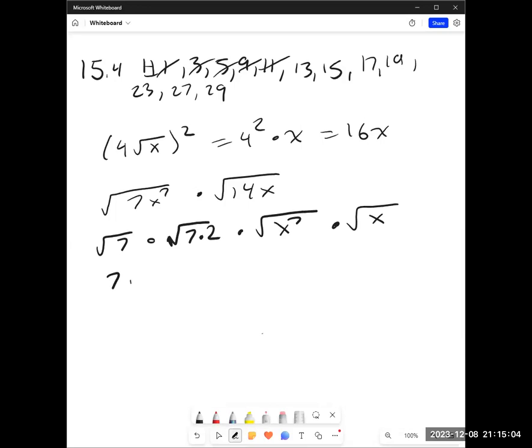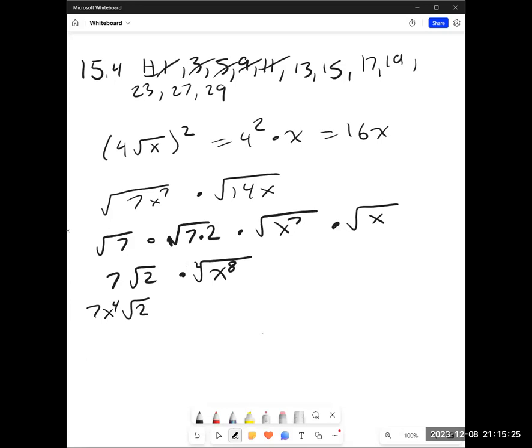It's going to give us 7 square root of 2 times the square root of x to the 8th. Remember that this is an index of 2, so this is going to be 8 divided by 2, which is 4.